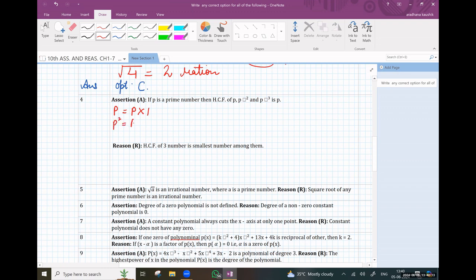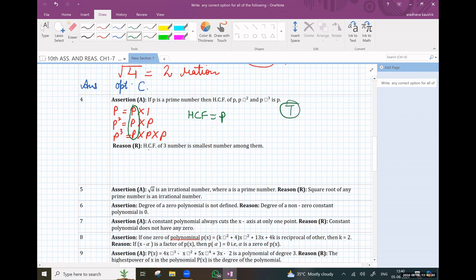Factor of P square will be P into P. Factor of P cube will be P into P into P. So here you can see the HCF will be P. So here you can say that the assertion is true.